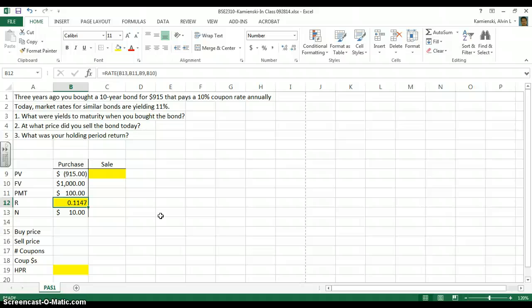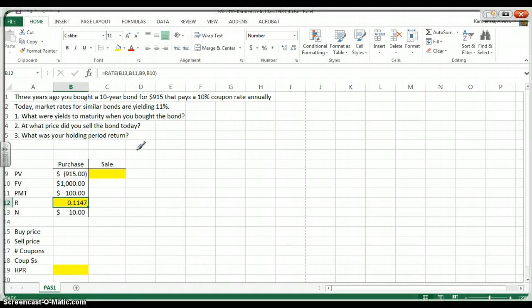So now the second part of the problem says, at what price would you sell the bond today? Well, let's go back to a timeline then and see what we're being asked for here. So what would you know? Today you wake up and you know that a few things have changed. The first thing that has changed is that we now have 7 years remaining.